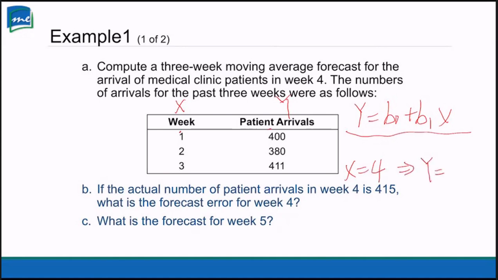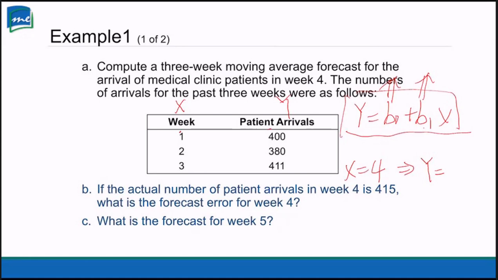So the key point, if we want to use regression, a straight line formula, is that we need to find b0 and b1, the intercept and the slope. And how do we find b0 and b1?